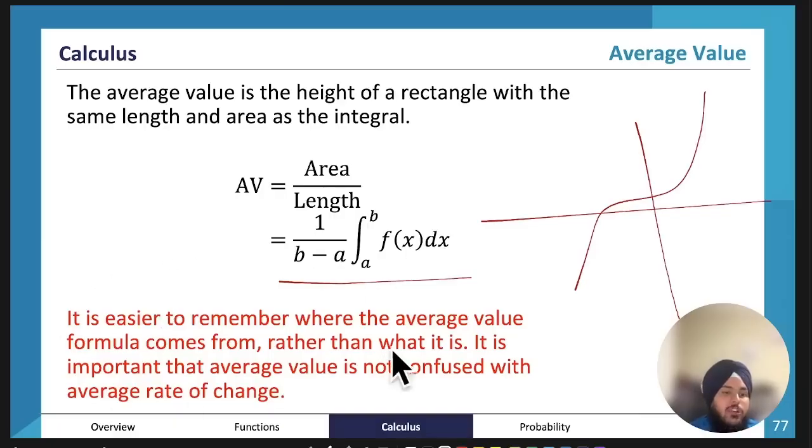It is easier to remember where the average value formula comes from rather than what it is, because it's important that it's not the average rate of change. Really important. The average rate of change is how the gradient changes, or what's the average gradient. Average value is the actual average of the values in a particular graph.